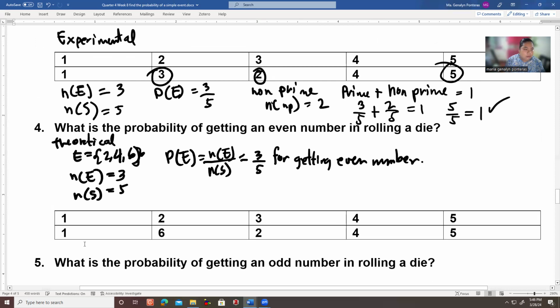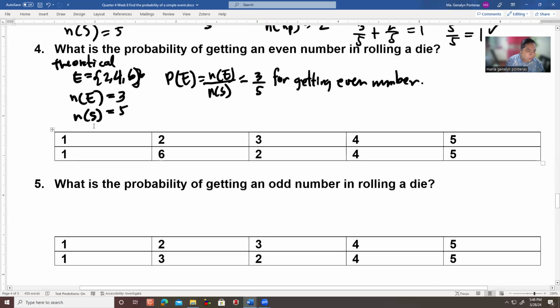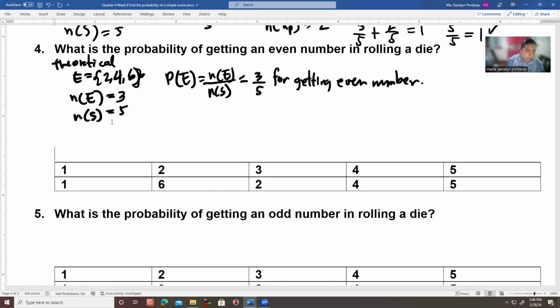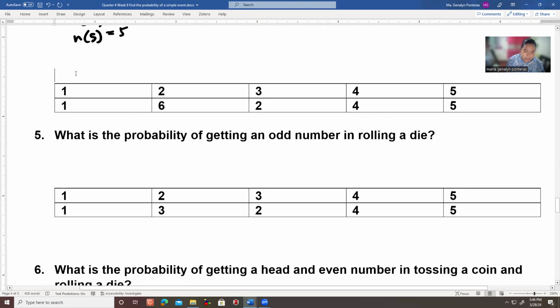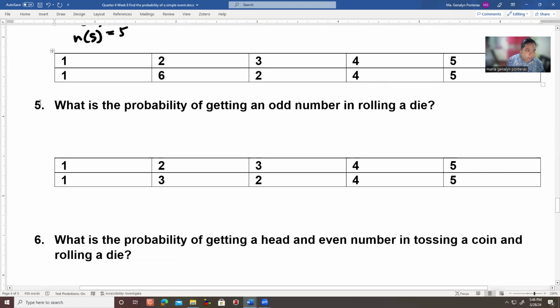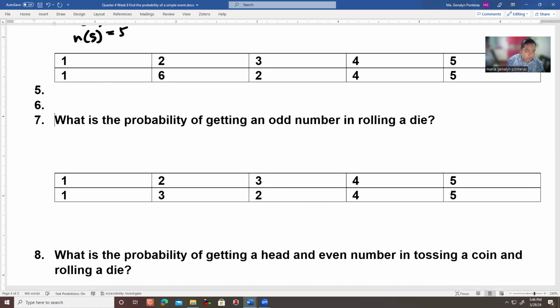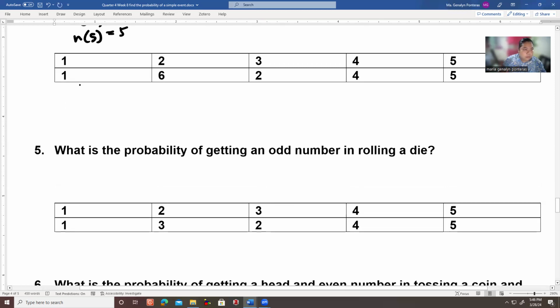Okay. Now, how about experimental? We want an even number, 2, 4, 6, so we still have 3. So cardinality of sample space is 5.